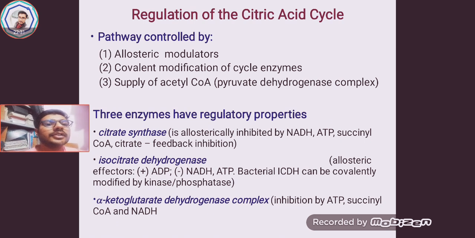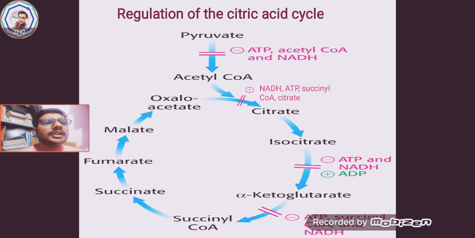The alpha ketoglutarate dehydrogenase complex is inhibited by ATP, succinyl coenzyme A and NADH. Here you can see that at whichever step a product accumulates in excess, the cycle will get stopped. The positive sign is promoting, whereas the negative sign is inhibiting the steps.